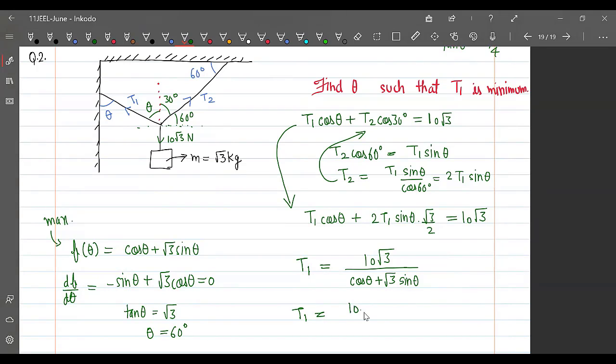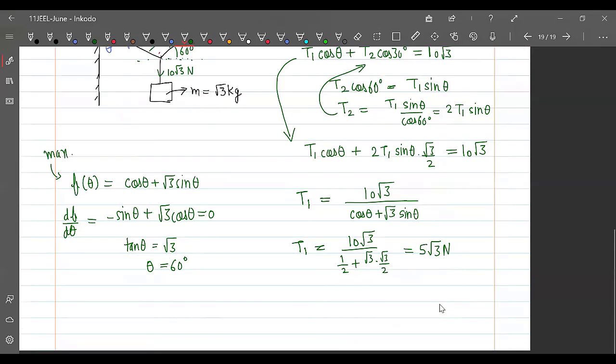So T1 will be 10 √3 divided by cos 60, that is half, plus √3 sin 60, that's √3 by 2, half plus 3 by 2, that is 2. So 5 √3 आ जाएगा. So T1 5 √3 Newton आ गया.